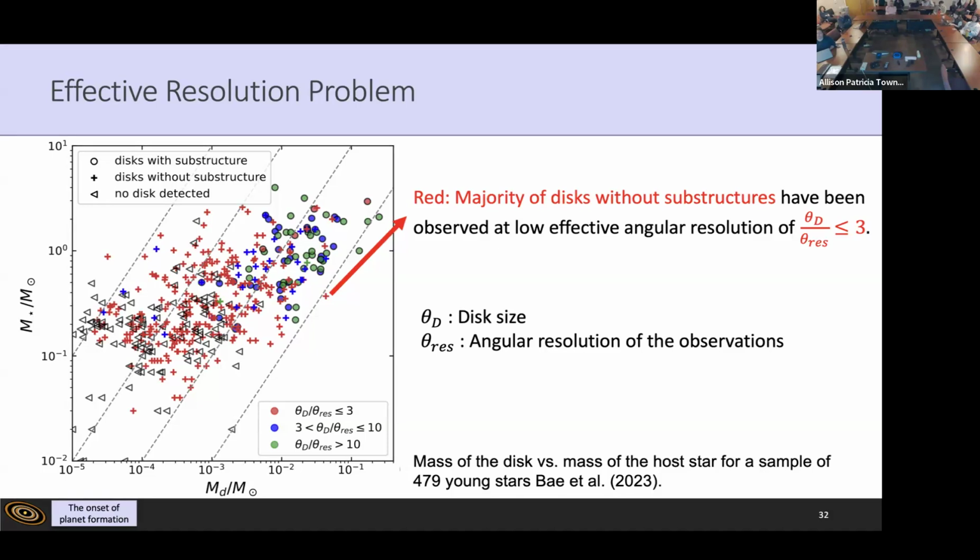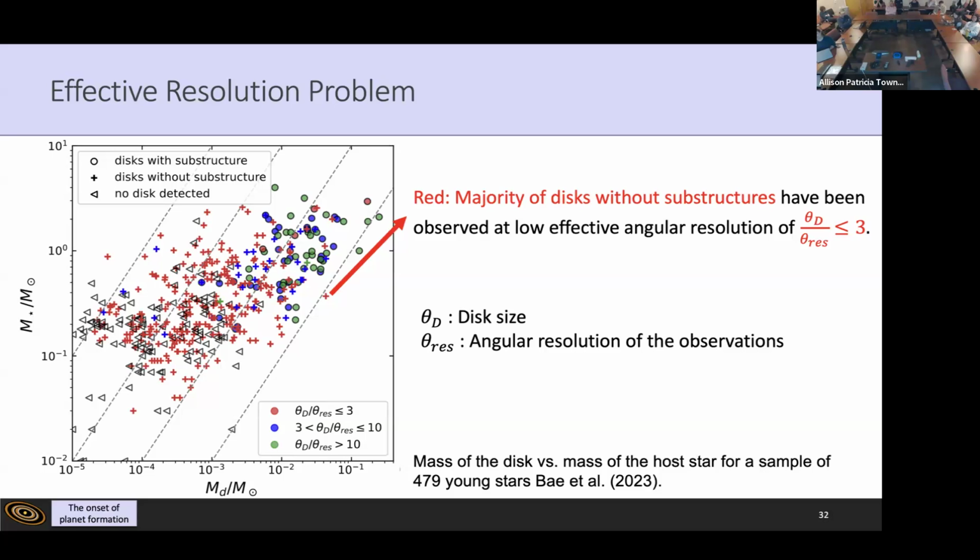So meaning that if you sample your whole disk with only 3 measurements across the disk diameter, you're not going to see much substructure. So this is something to take into account when you do the search for substructures.